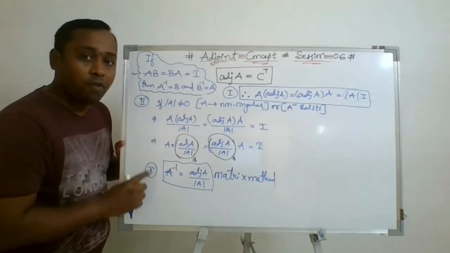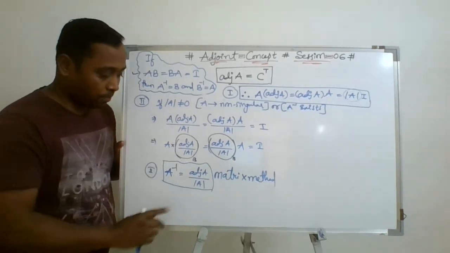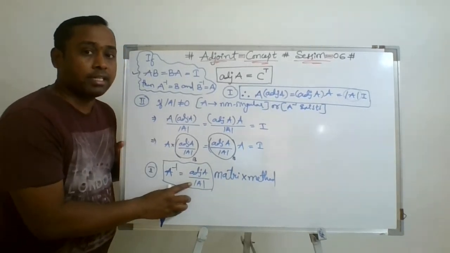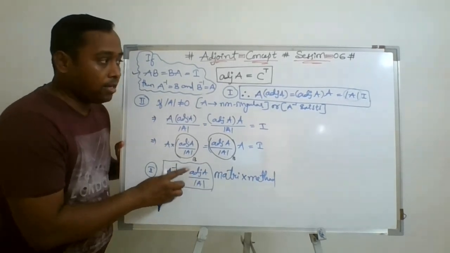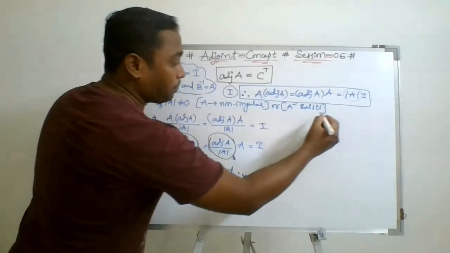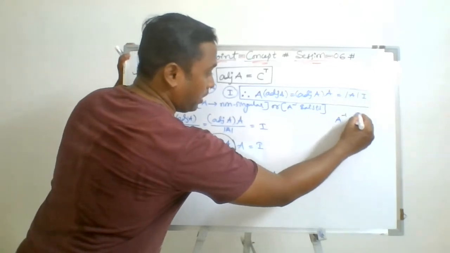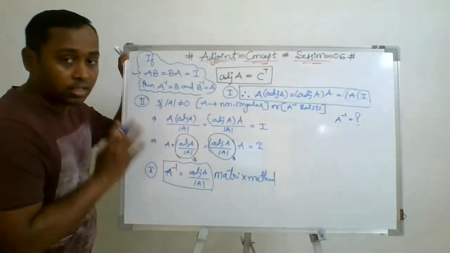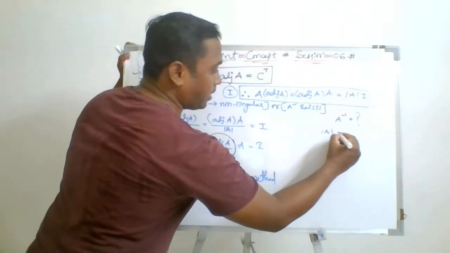So, to find A inverse, we need to calculate two things first. First, we need to calculate det A. Then we need to calculate adjoint A. So, I am writing the algorithm to find A inverse, the inverse of the matrix, by using the matrix method. The first step is to find the det A value.